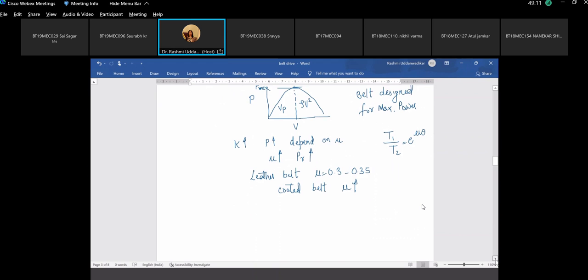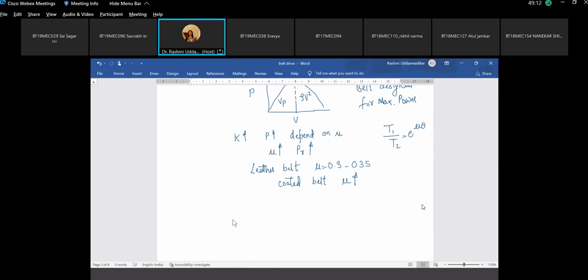And for the V belt, what is the difference between a flat belt and V belt? Cross section of what, belt or pulley?